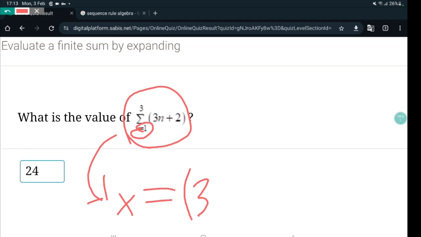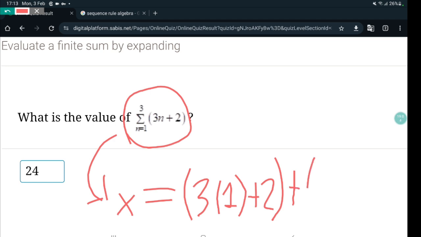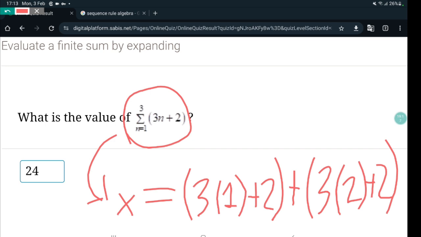See here, it says equal to 1. So we're going to start with 1. So 3 times 1 plus 2. And then we're going to add the equation with n being 2. So 3 times 2 plus 2. And then the same equation until we reach the number above, which is 3.